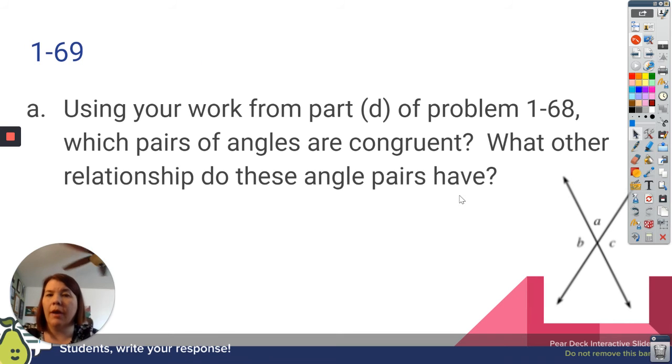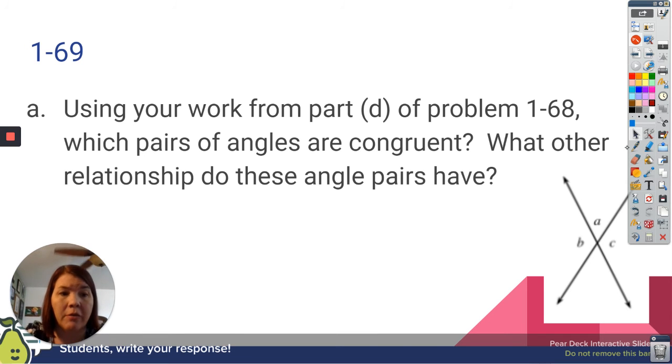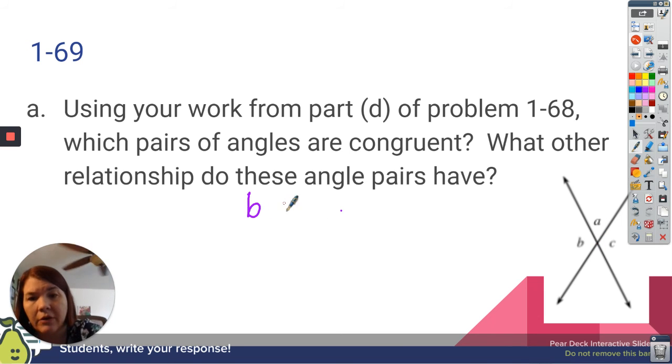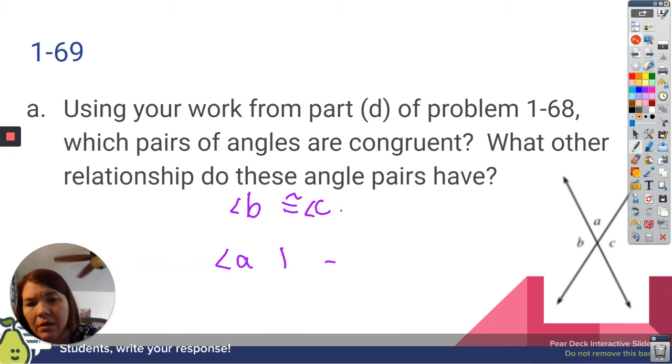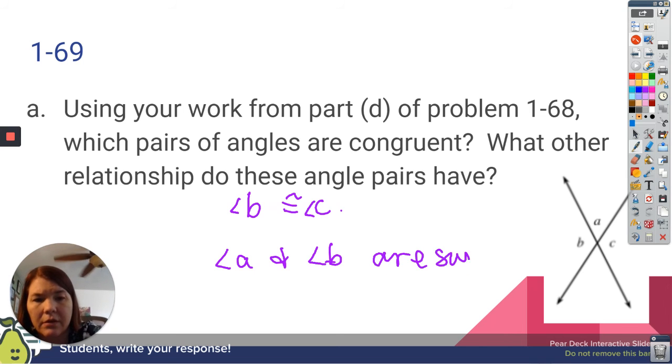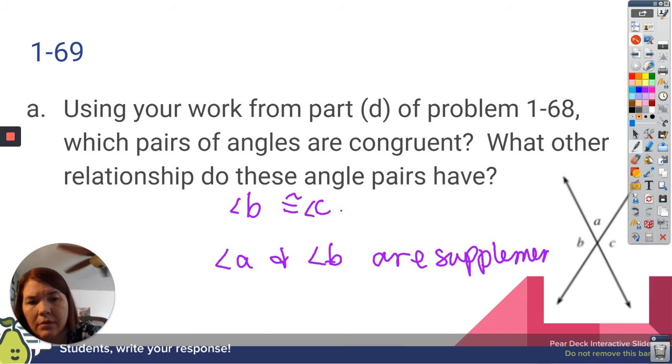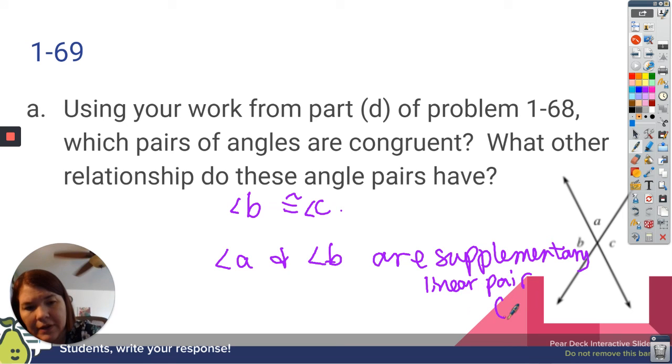So that's the idea. Now we're going to actually do a proof. Which pair of angles were congruent and what relationship do the other angle pairs have? They've labeled B and C. So B and C are congruent. And A and B are supplementary, or linear pairs, whichever you want to use, which means they add up to 180.